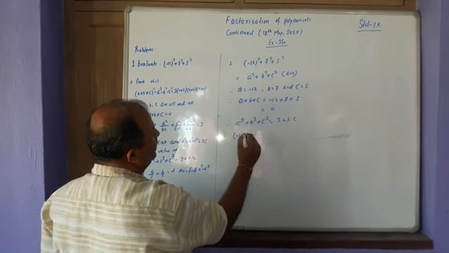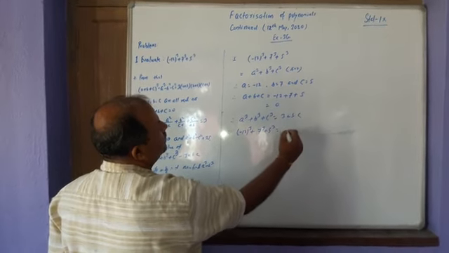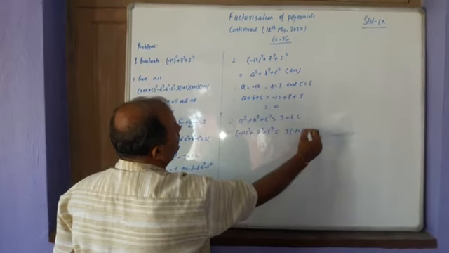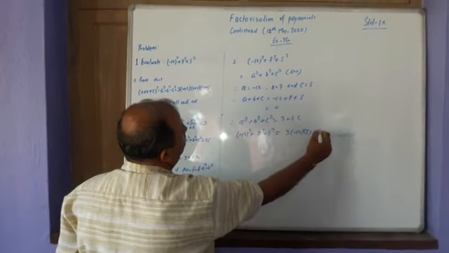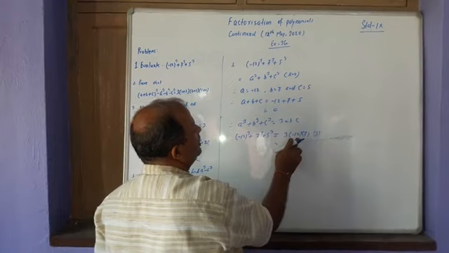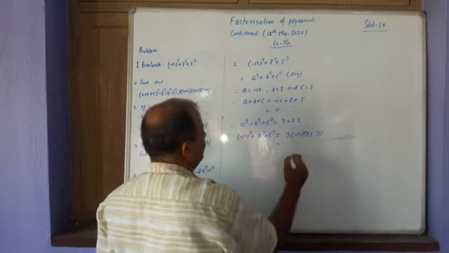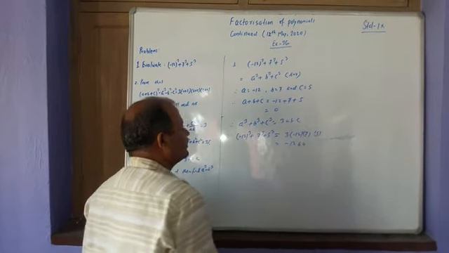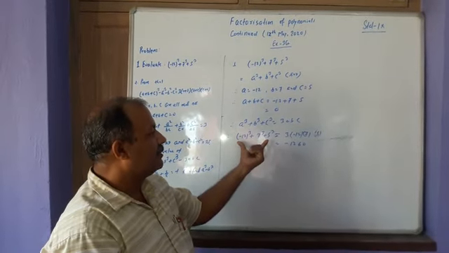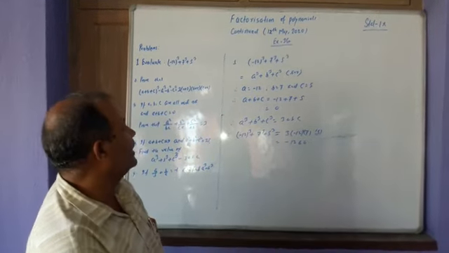Therefore minus 12 cube plus 7 cube plus 5 cube will be equal to 3 into minus 12 into 7 into 5. 12 threes are 36, 5 times 36 is 180, 180 times 7 is 1260. This will be the answer of this expression. You have followed the second identity that you learned on the last day.